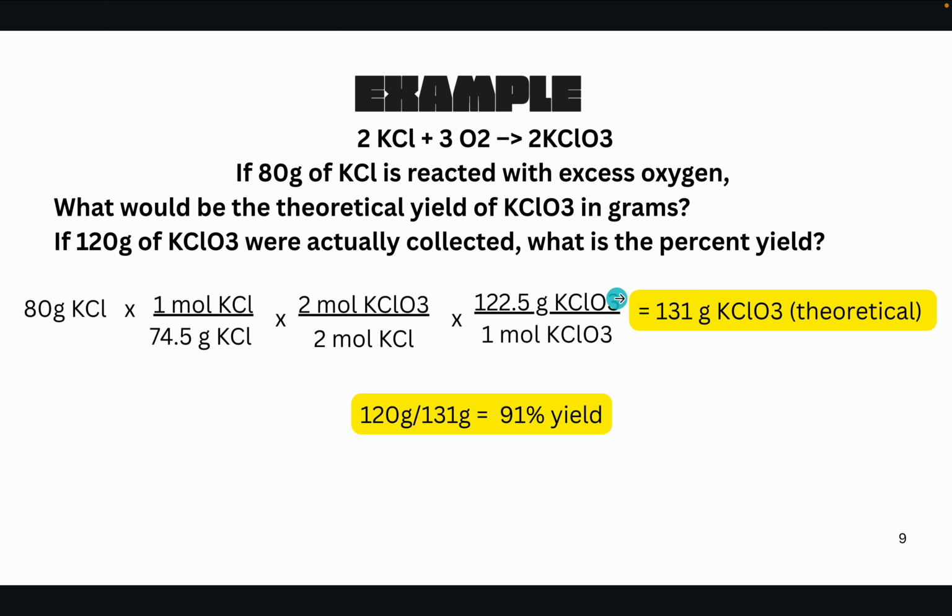So we put the molar mass of KClO3 and 1 mole KClO3 on the bottom, which gives 131 grams of KClO3 we could produce. So in this reaction, if you've had 80 grams of KCl, you could produce 131 grams of KClO3. However, they only produced 120. 120 over 131 grams, remember this, is 91% yield.